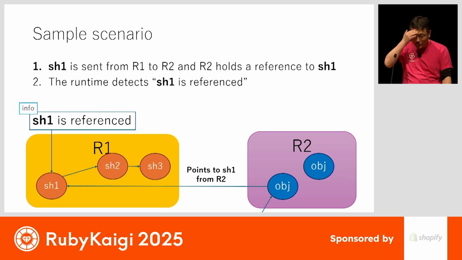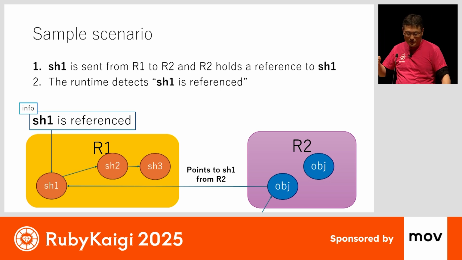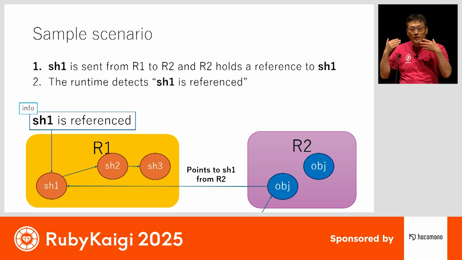Let's talk about a tricky scenario with a simple example. First, imagine that SH1, a shareable object, is sent from Ractor 1 to Ractor 2, and Ractor 2 holds a reference to SH1. When we send the object, the runtime detects the reference, so the reference is passed to Ractor 2.